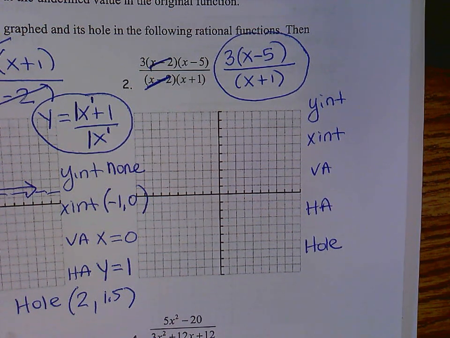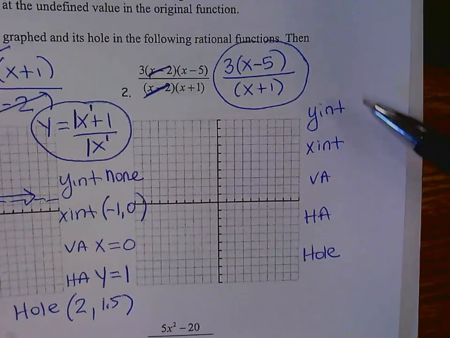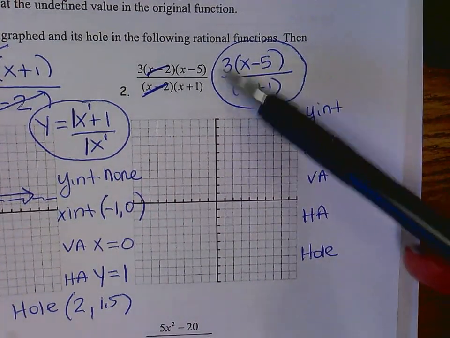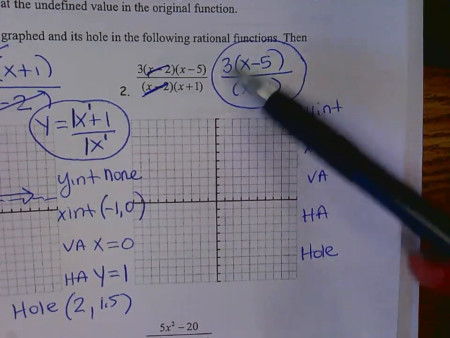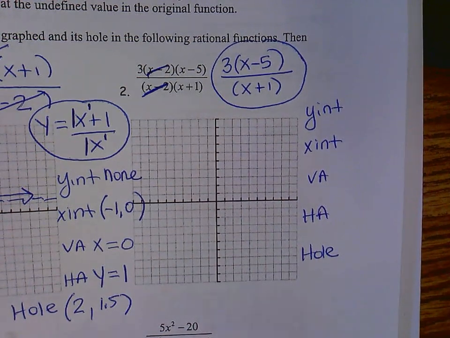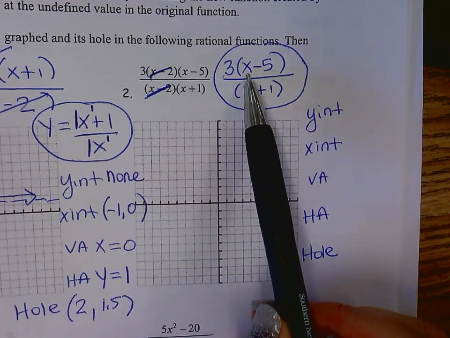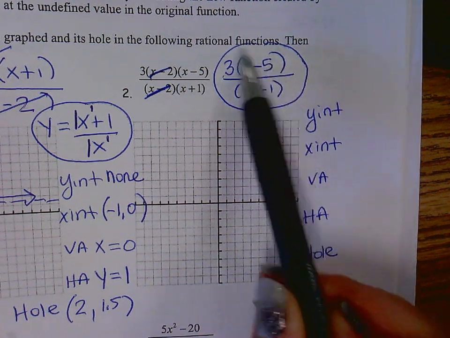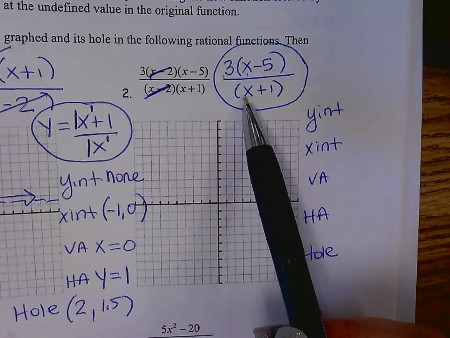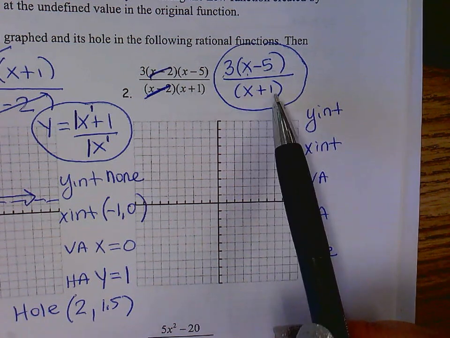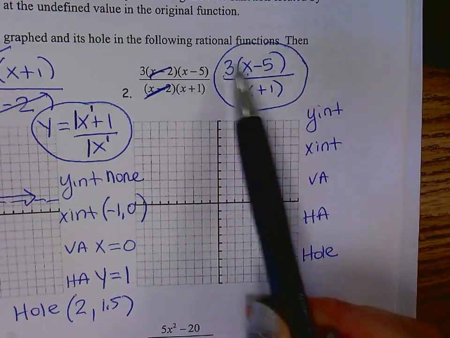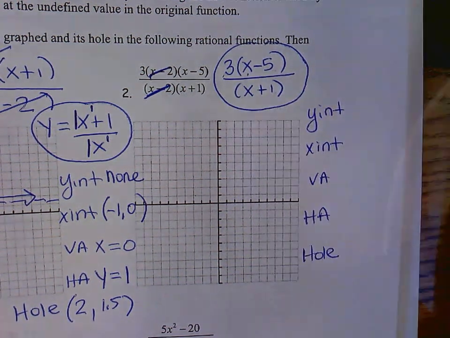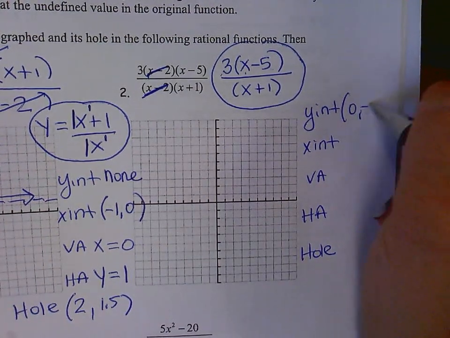Okay. So let's do this one together. Y-intercept. In factored form, I actually have to plug it in and see what I get. What would I get in the numerator if I plug in 0? I'd get 3 times negative 5, right? Negative 15. What about if I plug in 0 here? I just get 1. So negative 15 divided by 1 is negative 15.